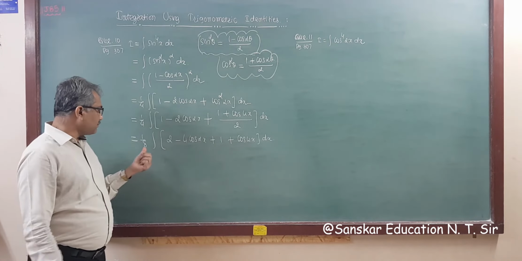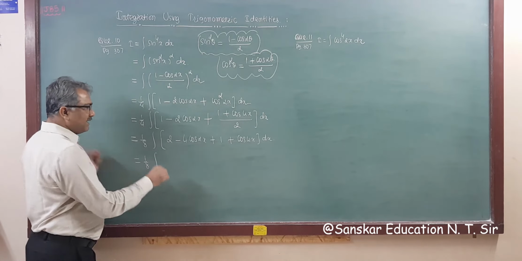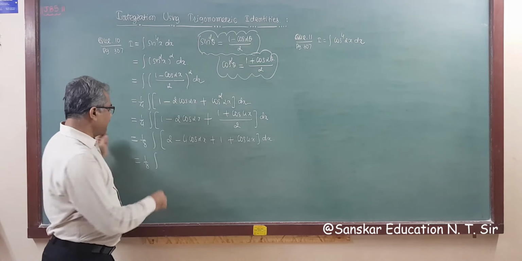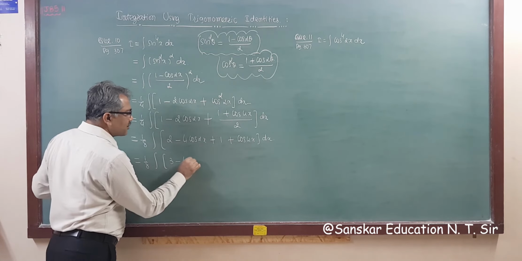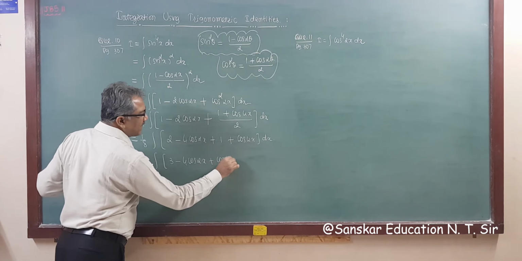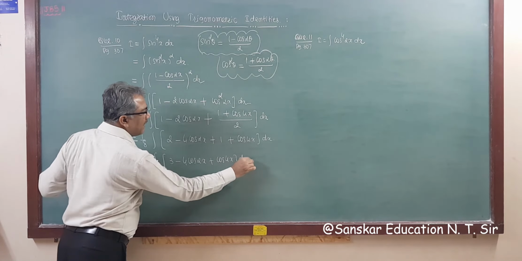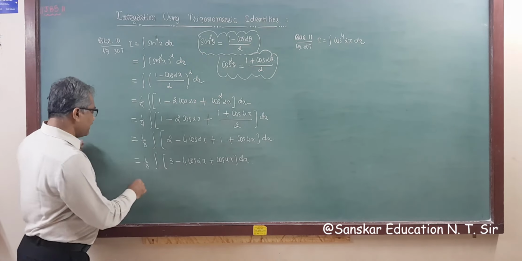Now 1 upon 8 integration 2 plus 1, that is 3. So we get 3 minus 4 cos twice x plus cos 4x dx, right?